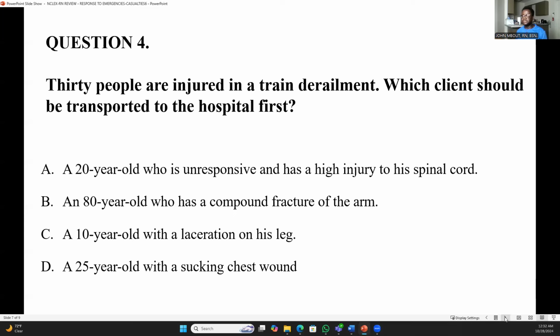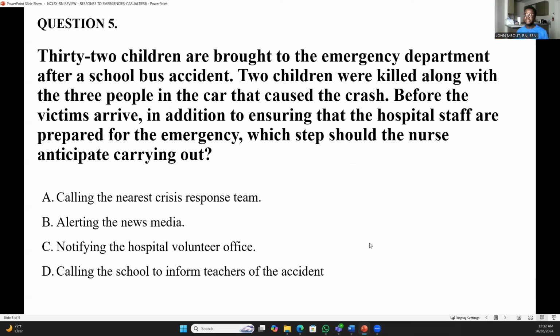Okay, let's look at the next question. 32 children are brought to the emergency department after a school bus accident. 2 children were killed along with the 3 people in the car that caused the crash. Before the victims arrive, in addition to ensuring that the hospital staff are prepared for the emergency, which steps should the nurse anticipate carrying out?